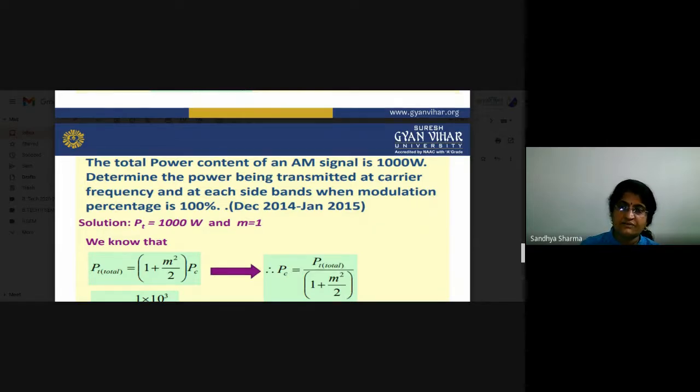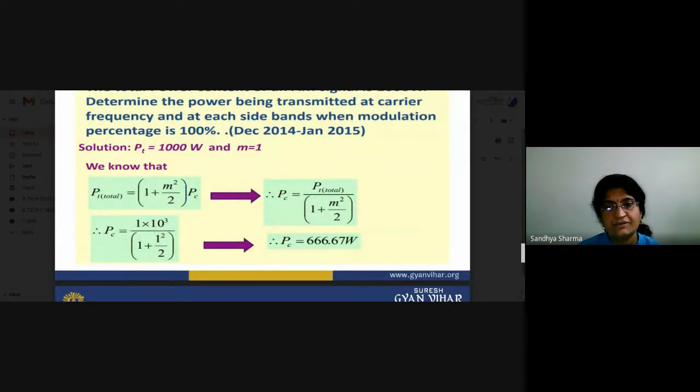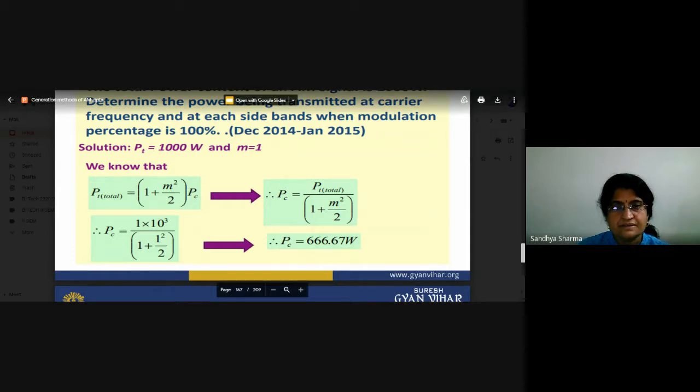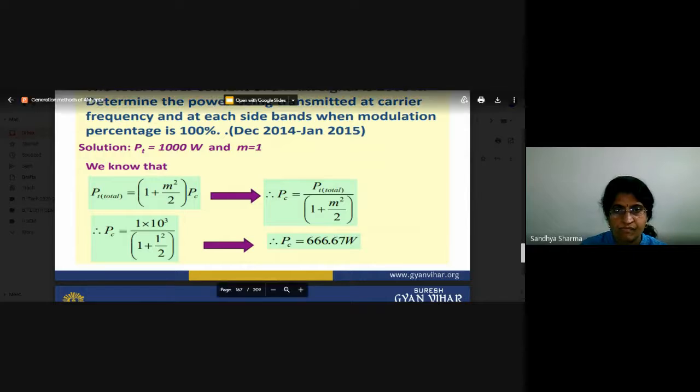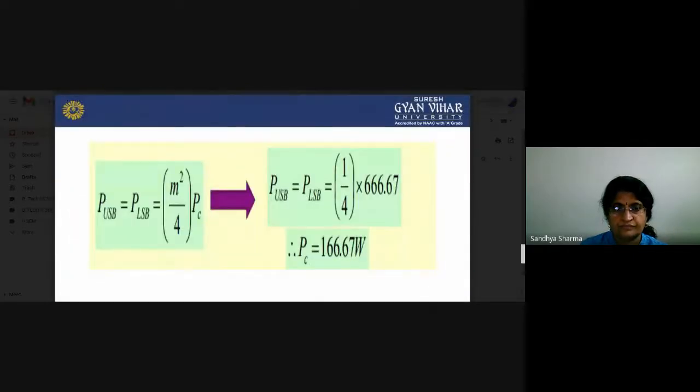As we have already seen in our previous question, Pc is calculated from the total power and the modulation index. So put in the values: the total power is 1000 watt, and the modulation index is 100%, so the value of m is equal to 1. Now you have to calculate the upper sideband and lower sideband power.